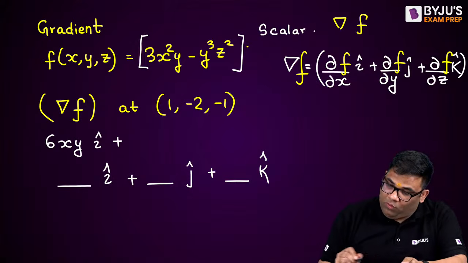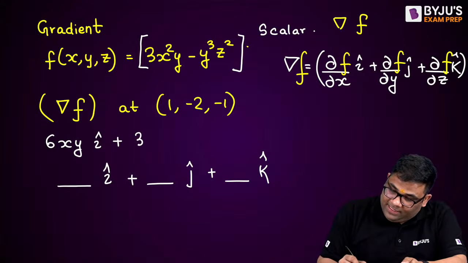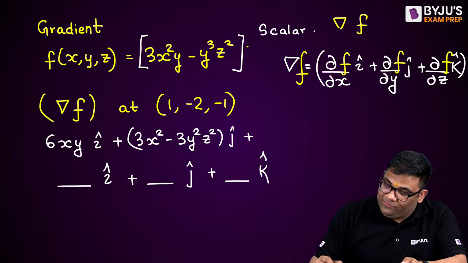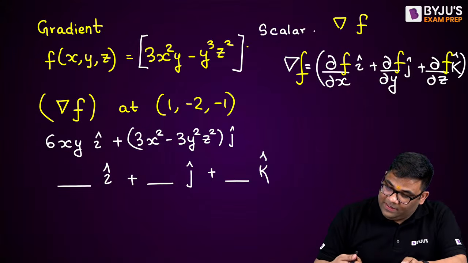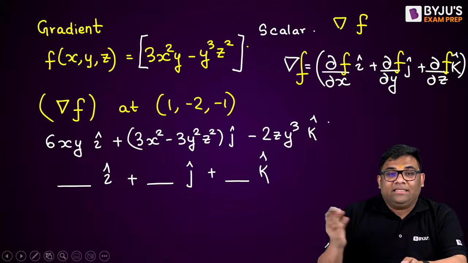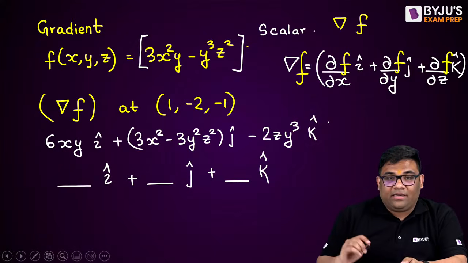Differentiate with respect to y, I will get 3x square minus 3y square z square, j cap, plus differentiate with respect to z, I will get minus 2z y cube k cap. This is the vector I get.